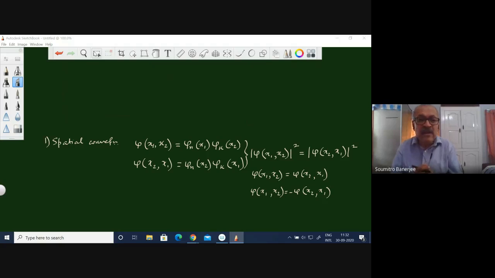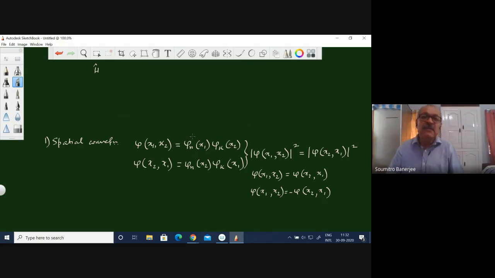In order to do that, we note that the Hamiltonian operator, when operated on this, as we have done in the last class, gives the eigenvalue E, which is nothing but the sum of the two individual eigenvalues. Suppose this one has the eigenvalue En, this one has the eigenvalue Ek.